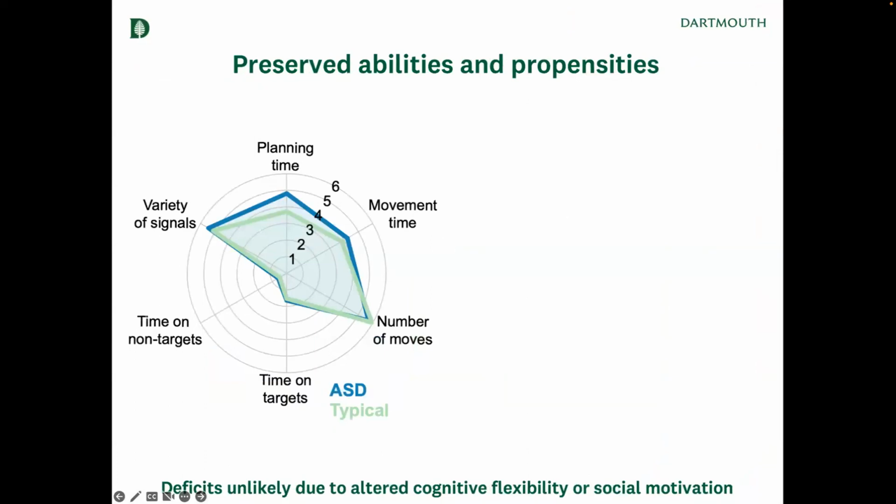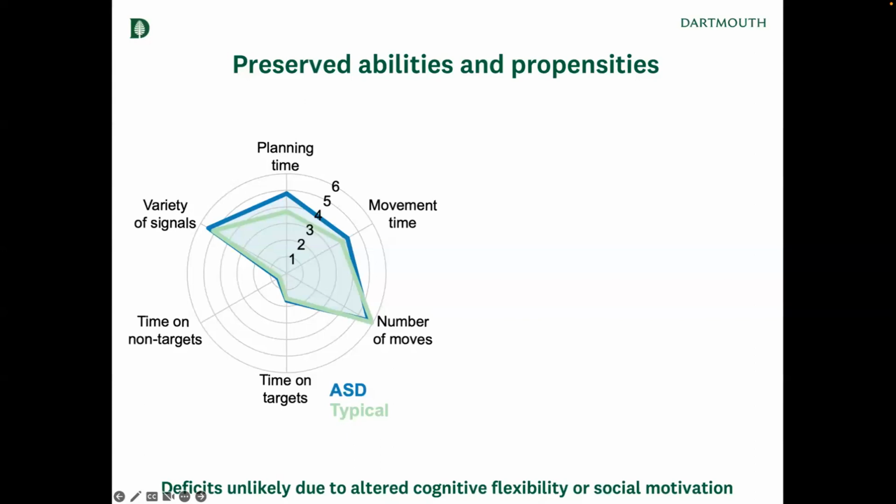Furthermore, we found that the communication impairment was not due to altered motor performance, cognitive flexibility, or social motivation. Planning times are matched, movement times are matched, number of moves are matched. The time autistic individuals spend on various portions of the game board is matched. In fact, if I gave you an autistic data set, you probably would not be able to distinguish it from neurotypicals, because the behaviors they generate are highly similar.